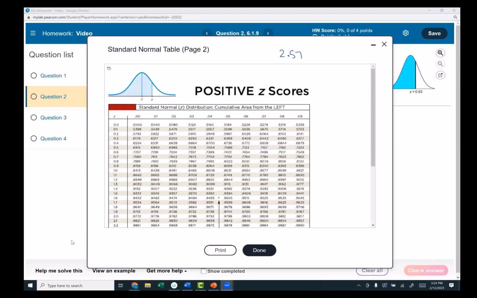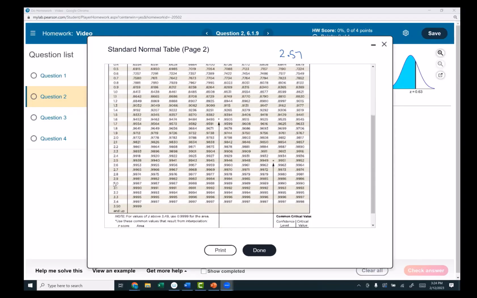For example, if I pick positive 2.57, we go down here, there's 2.5, and then we have to find which column is the column with the 0.07. I'll go across. That's my probability that my value is less than or equal to 2.57.